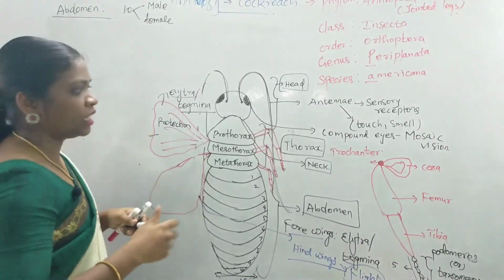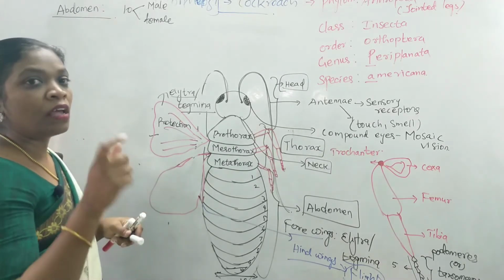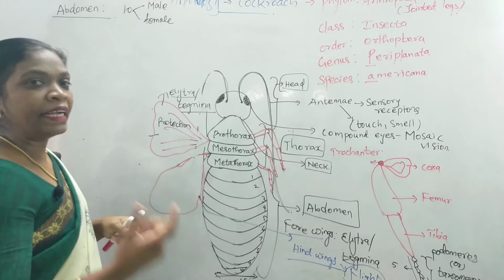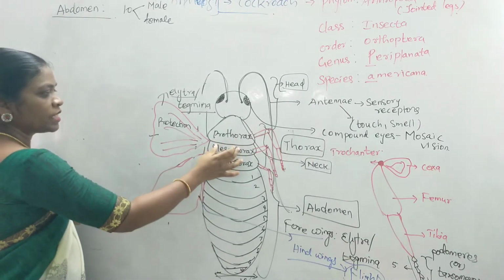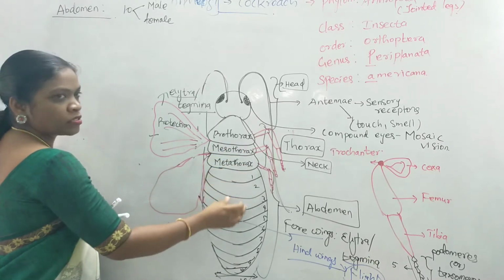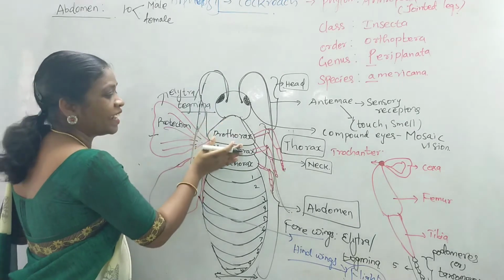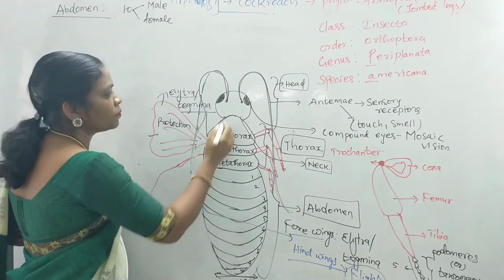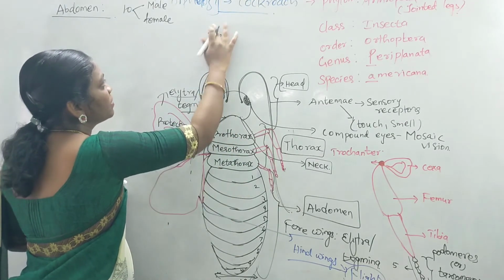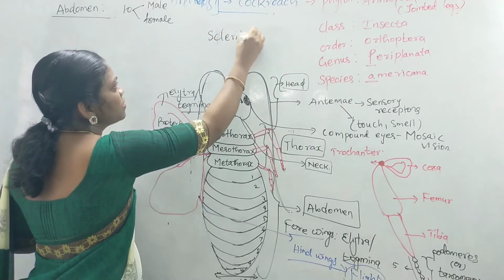And one more important thing: initially, in the introductory part, we learned that the skeleton is chitinous in nature. So these segments are small chitinous plates, known as sclerites.